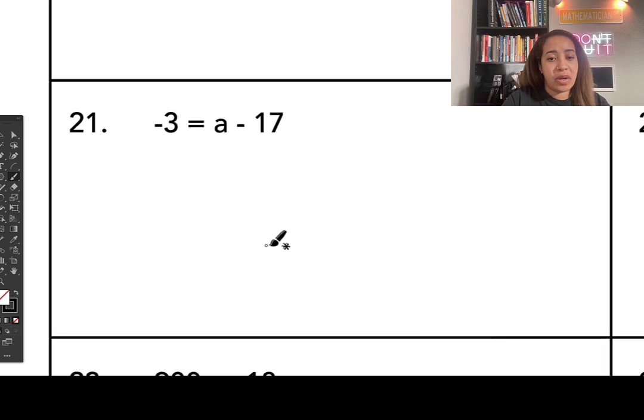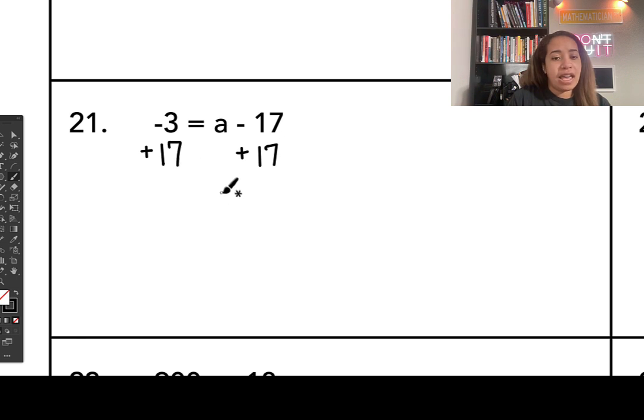Here is number 21. So we always go to the side that has our variable. This time it's on the right side. And I see subtraction. So we do the opposite operation to both sides. The opposite of subtraction is addition. So I'm going to add 17 to both sides of the equal sign.